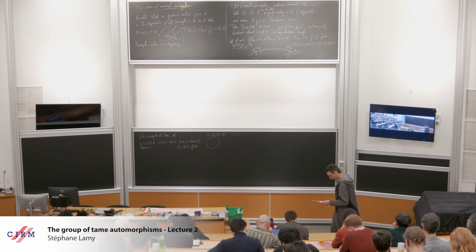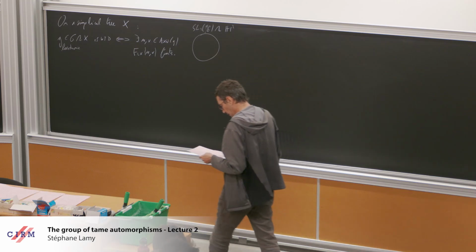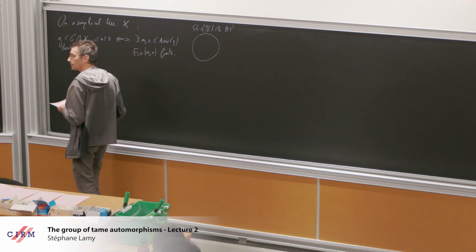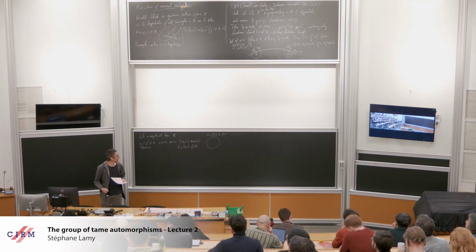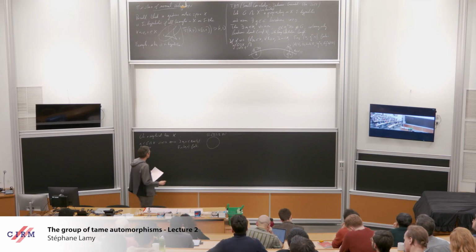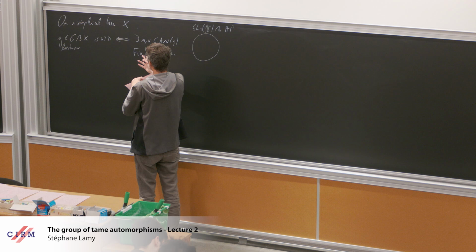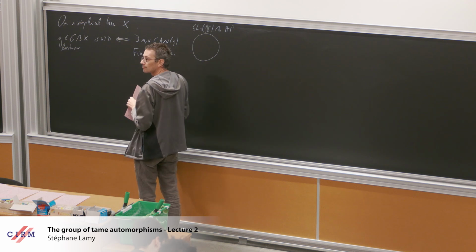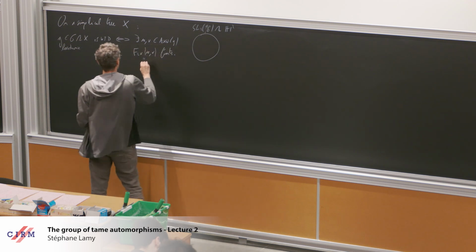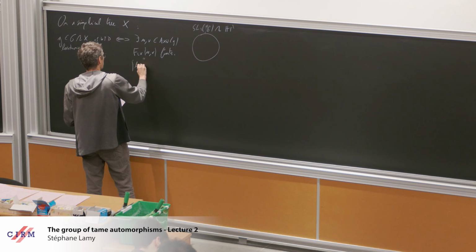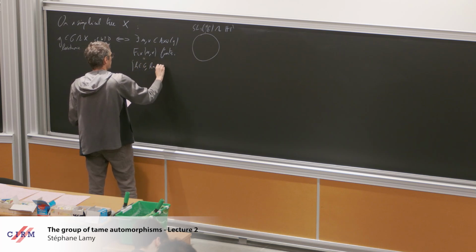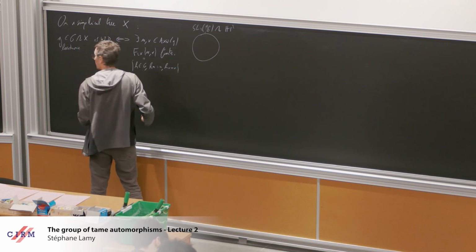It's a five-line proof. So what is Fix(u,v)? It's the subgroup fixing u and v. All elements h in G such that h of u is u, h of v is v. No trap here.